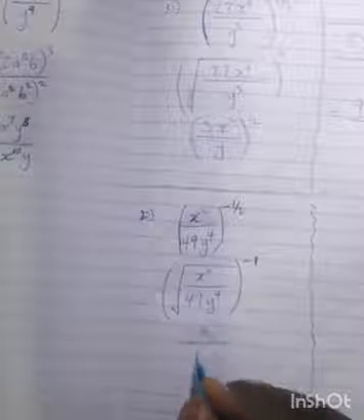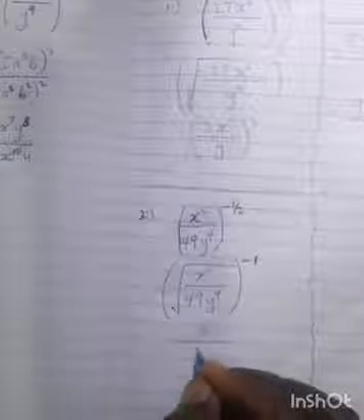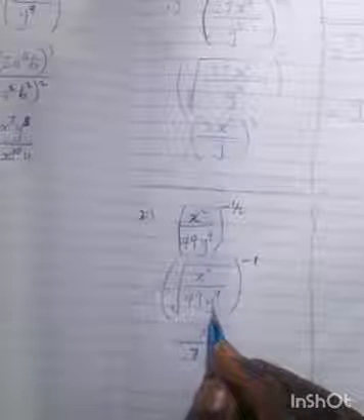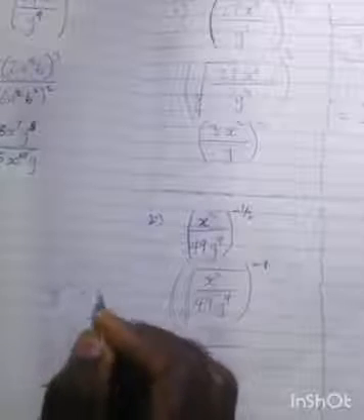What's the square root of 49? That is 7. And what will you multiply 2 times to get y raised to power of 4? Of course, that will be y raised to power 2 times y raised to power 2, which is 2 plus 2. It will give me y raised to power 4. So I will say y raised to power 2 is the square root, and then I have the whole thing raised to the power of minus 1.